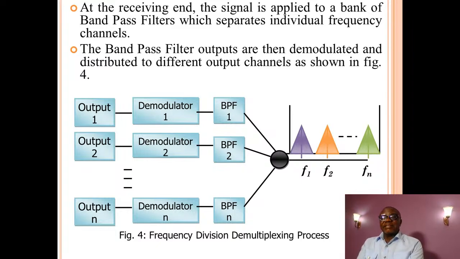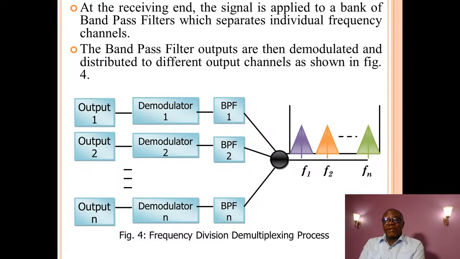A filter that sees only F1, we take F1 to the upper output, and only signal F1 will be allowed to get to demodulator 1. Demodulator 2 and N will not see it.